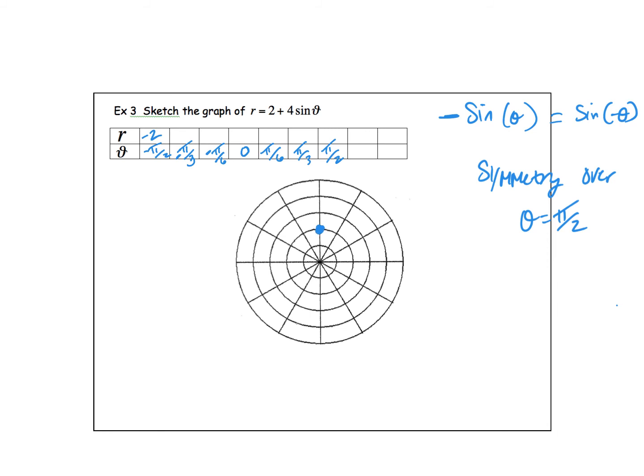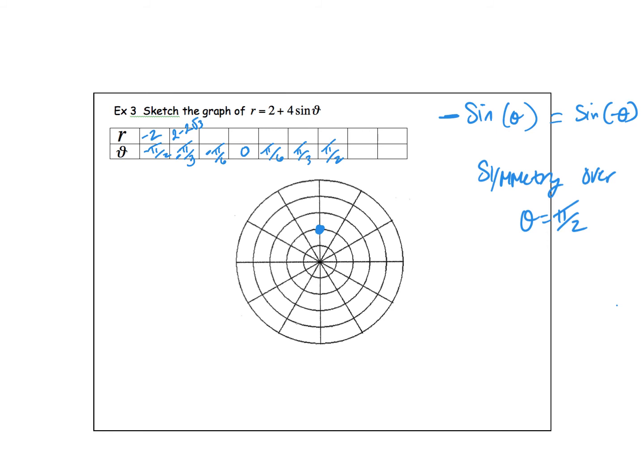Negative pi over 3. If I evaluate sine at negative pi over 3, I have a negative root 3 over 2 times a 4, so I have a negative 2 root 3 there. I have 2 minus 2 root 3. Sorry, I know these boxes are a little bit small, so I'm squeezing that in. That says 2 minus 2 root 3.